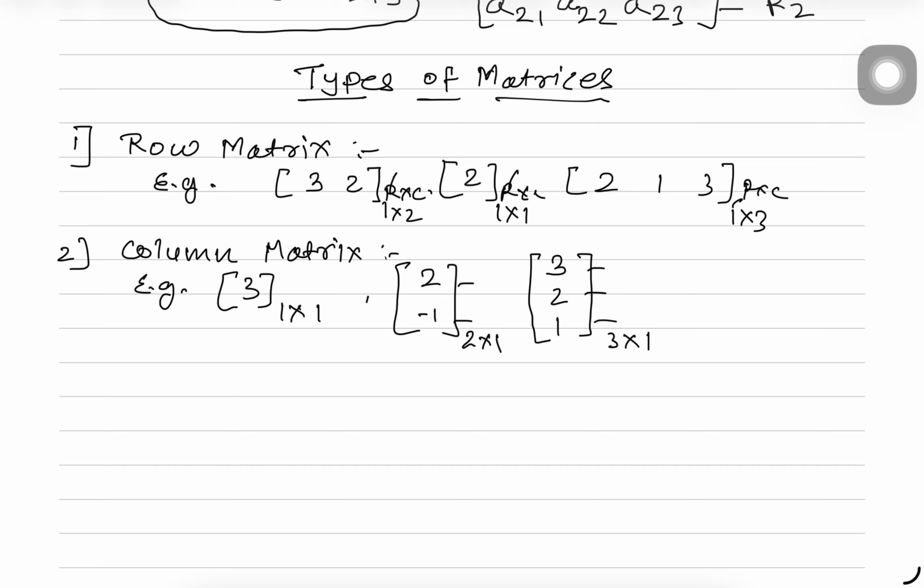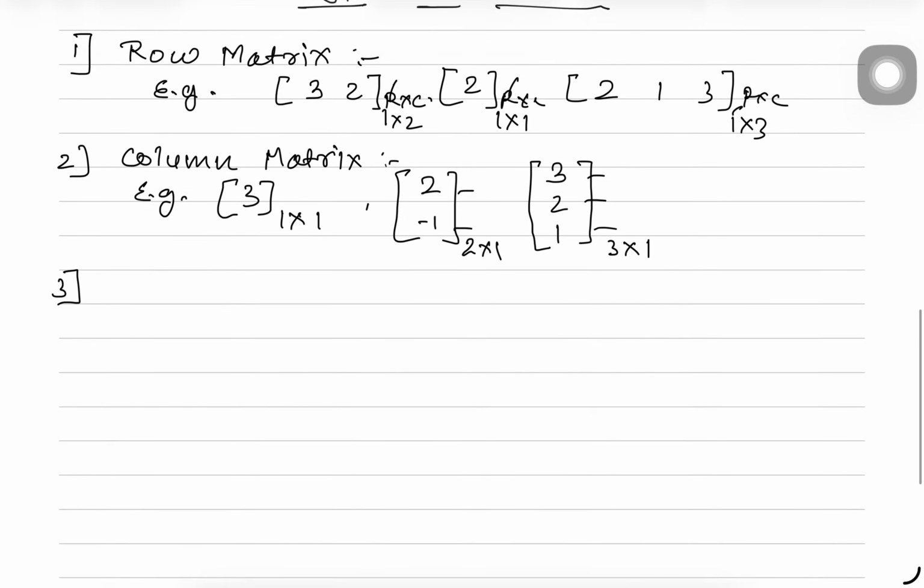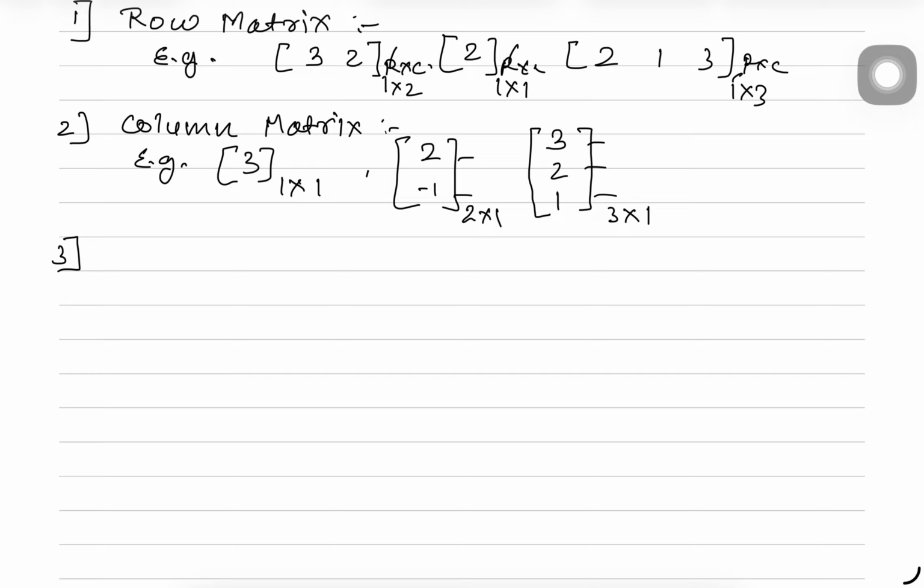So you can see the matrix which has a single number, having order 1 cross 1, comes under both the row and column matrix. So there might be a tricky question in CET about this. There is a matrix which represents both a row and a column matrix, the single element matrix of order 1 cross 1. Okay, so this matrix comes under both the row matrix and the column matrix with a single number.